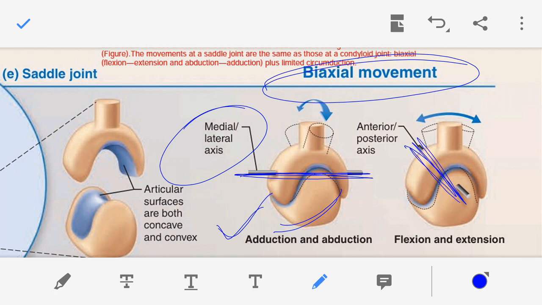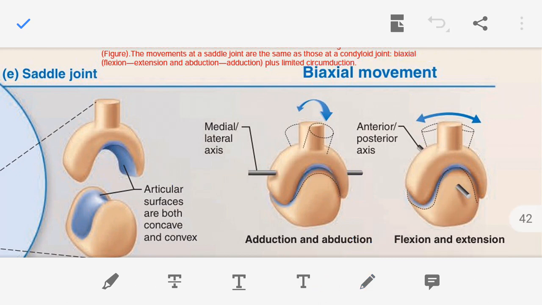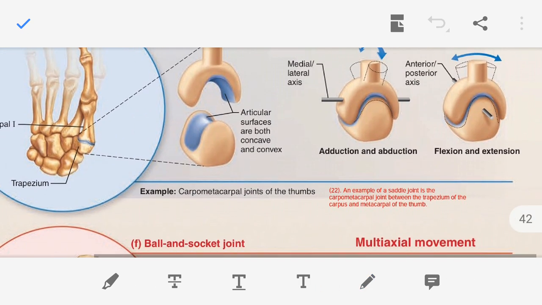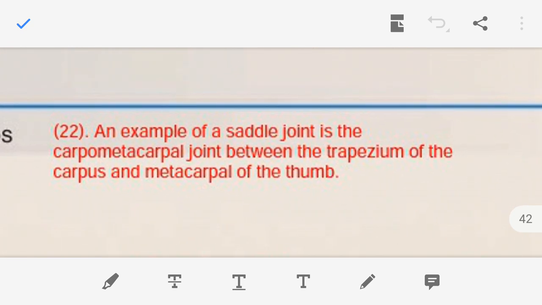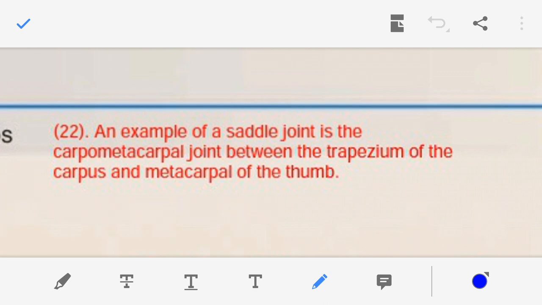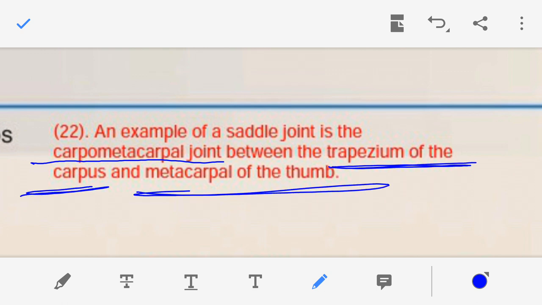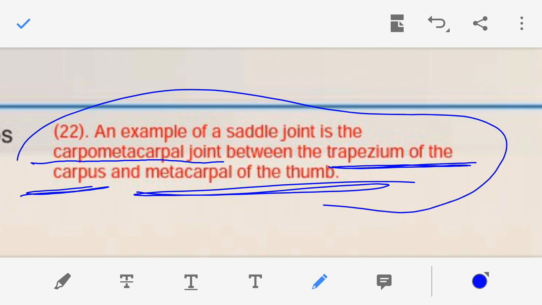This is the anterior posterior axis, and flexion and extension of the bones are possible. So for the saddle joint, the example we remember is the carpometacarpal joint between the trapezium of the carpus and the metacarpal of the thumb.